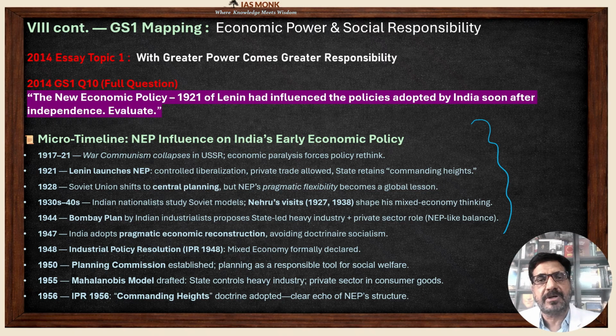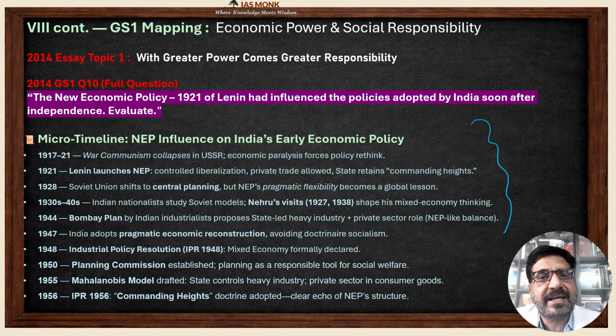Society means all people. So NEP and India's mixed economy show a shared principle, that is, when the state wields power, responsible flexibility becomes the engine of national development. So NEP of Lenin and India's early planning reveal a core economic truth, that is, efficiency and equity emerge only when state power is balanced with market incentives.